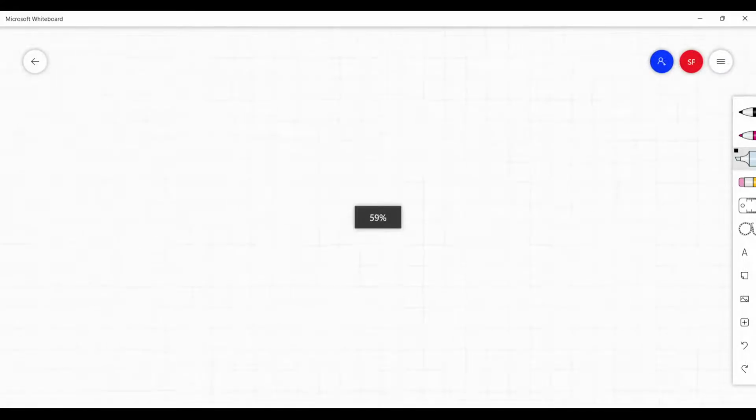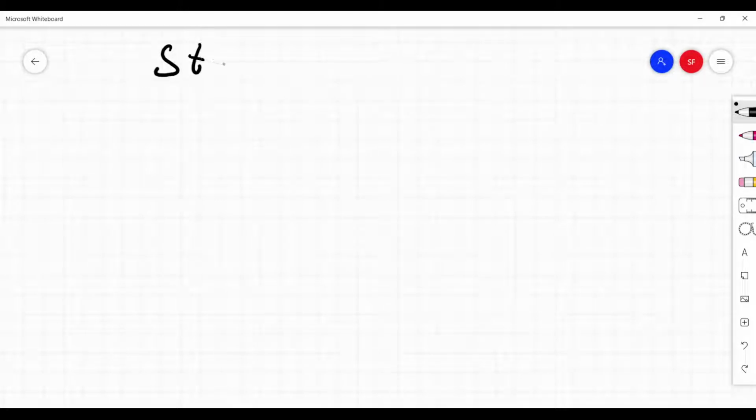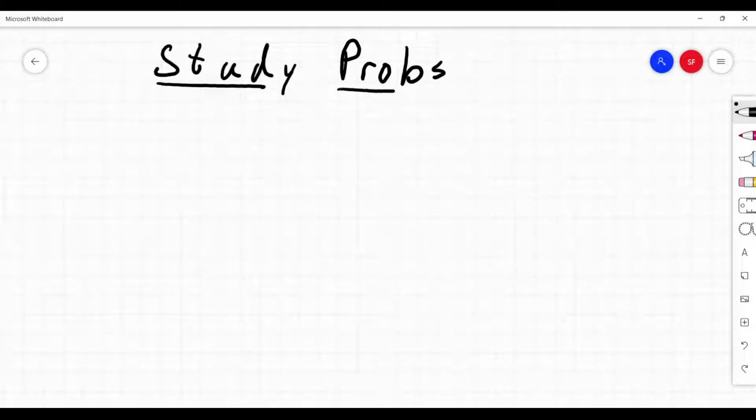These are going to be study problems. Solve and graph.